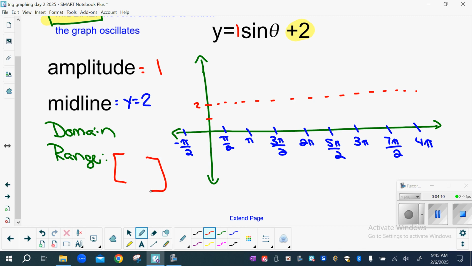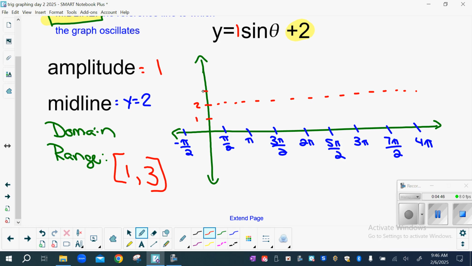If my middle is at 2, and my heart rate might go up by 1 and down by 1, what's the highest my heart rate will go up? 3. In other words, 2 plus the 1, that's the highest it will go. What's the lowest my heart rate will go? 1, because 2 is the middle, and it might drop down by 1. That is my range.